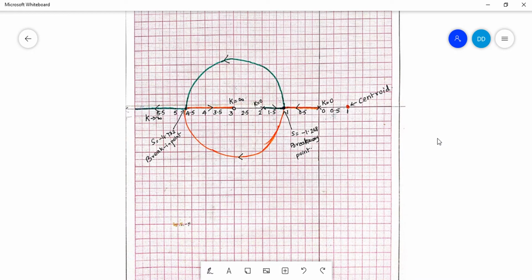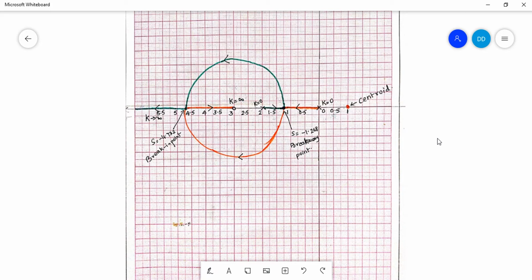On the negative real side, we have minus 0.5, minus 1, minus 1.5, minus 2, minus 2.5, minus 3. So the left hand side is negative. Even though you have missed these negative values over there, the left hand side are the negative values.